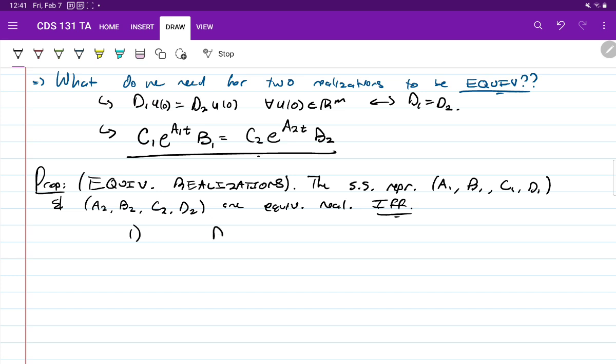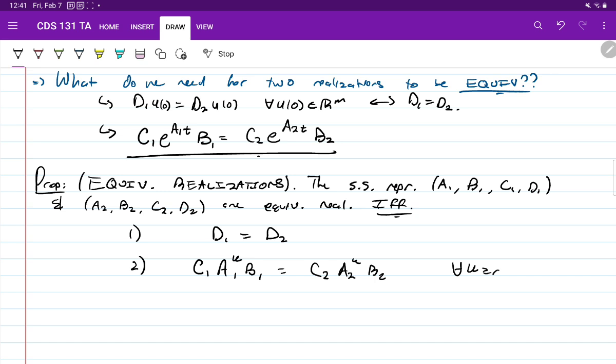One, we require D1 equals D2, like we had said above, and two, we require this Cayley-Hamilton base condition, which is C1 A1 to the k times B1 equals C2 A2 to the k times B2, okay?